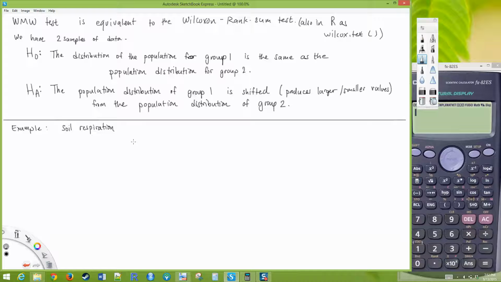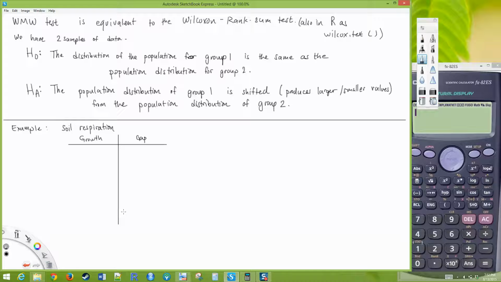I don't know. But we're measuring how much carbon dioxide the soil is breathing. The researchers looked at two areas of the forest: an area where there was a lot of growth and an area where there was a gap in the growth. These will be our two groups, growth and gap.